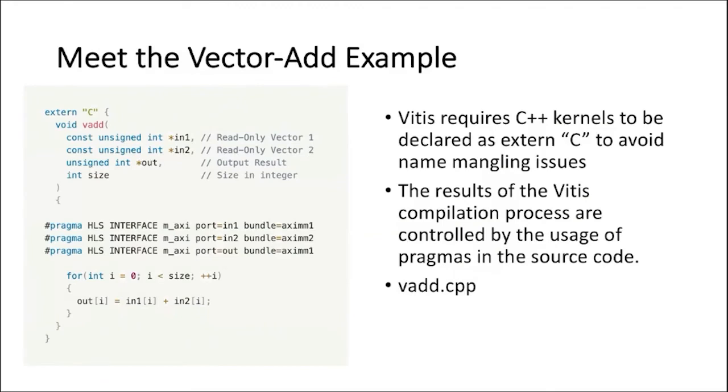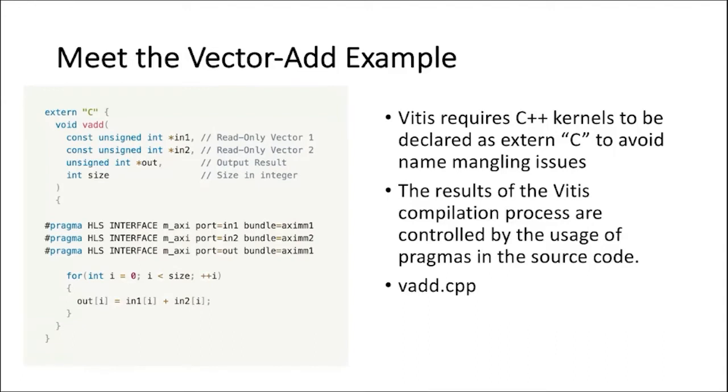Okay, so now I will show a simple example and explain how we write the correct Vitis code. This is a really simple vector add example. The HLS code is on the left part, and you just add two vectors together.